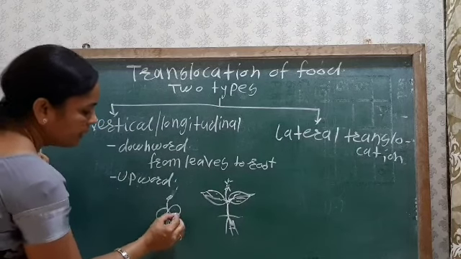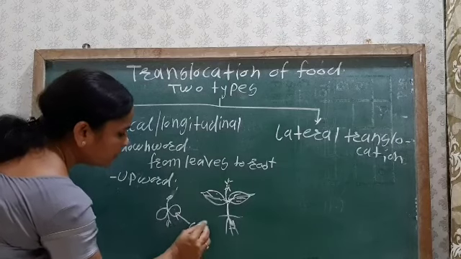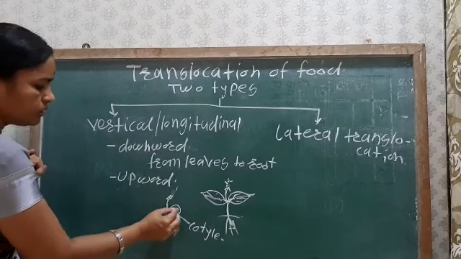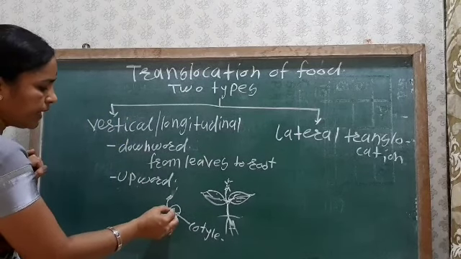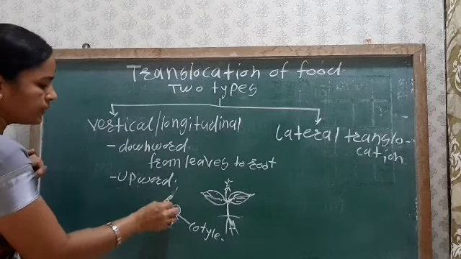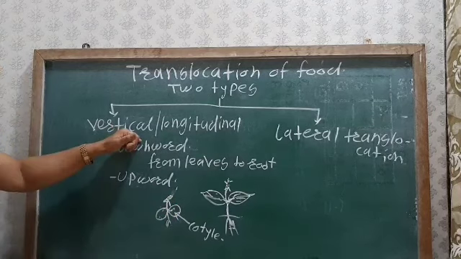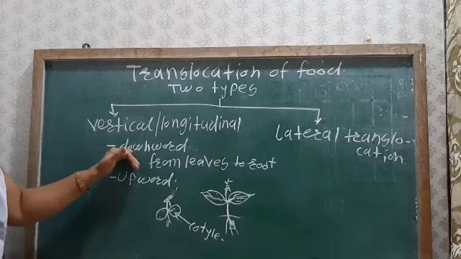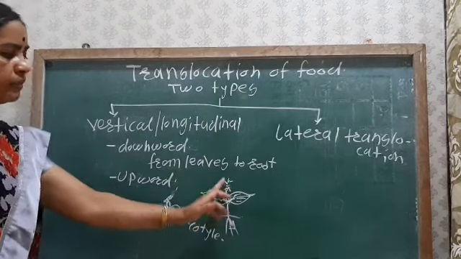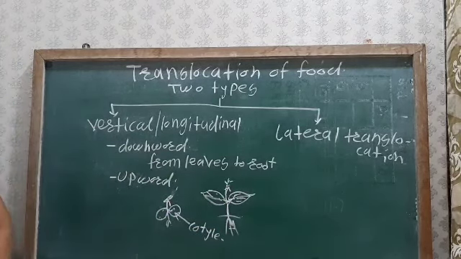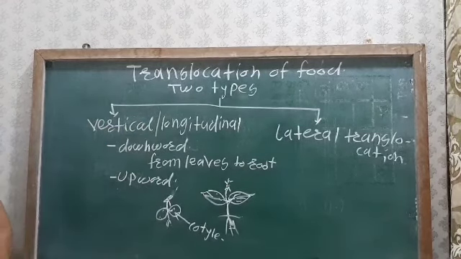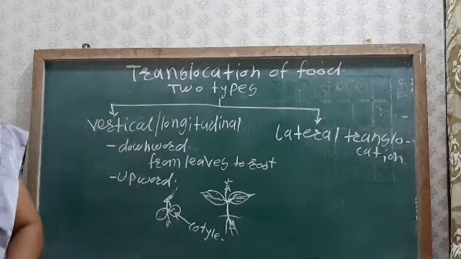The food material is mainly transferred from these cotyledons, in which the food material is stored, to the upward direction. So in the vertical or longitudinal translocation, the movement may be downward or upward. This is known as the vertical or longitudinal translocation of the food.